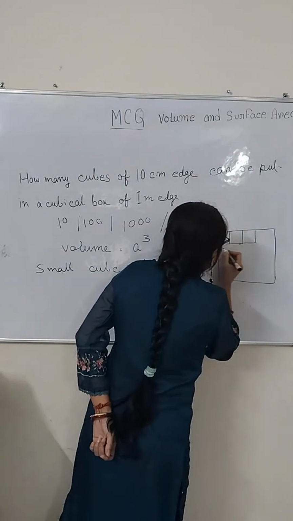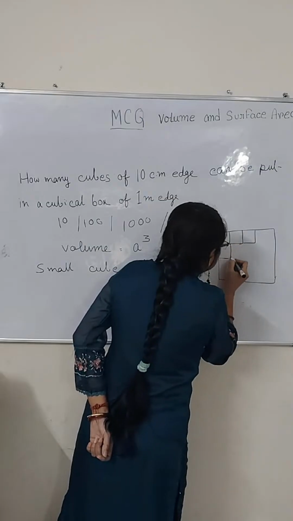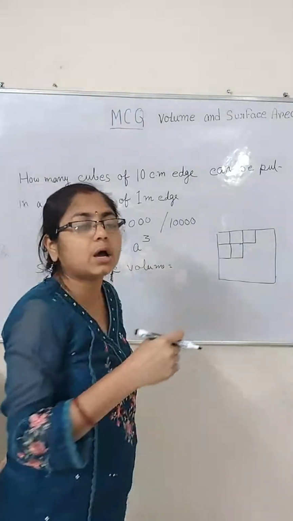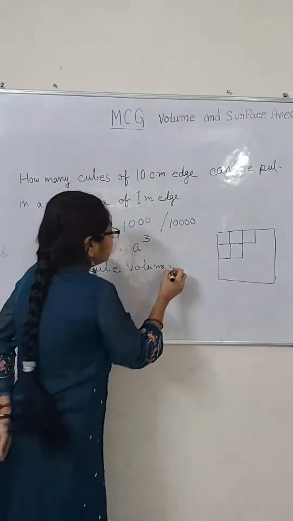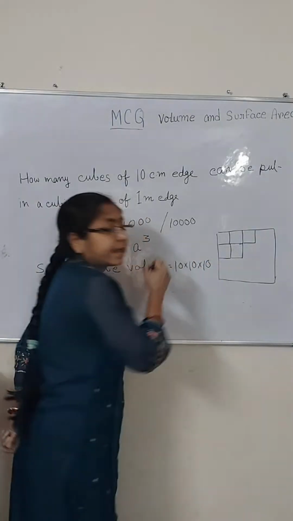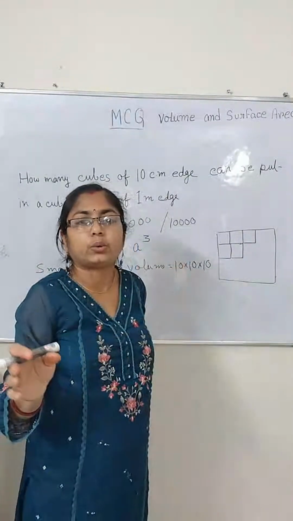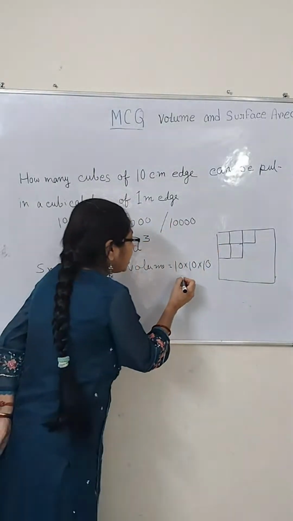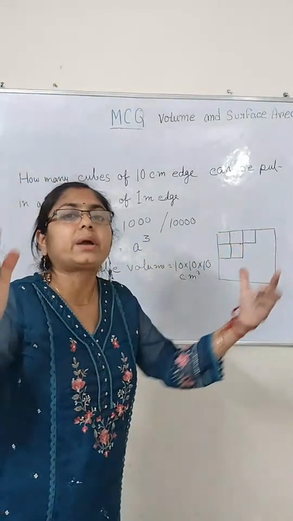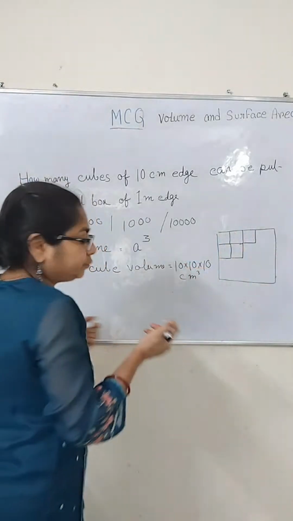Here we put small cubes. How many cubes? So what is the formula of the small cube volume? 10 into 10 into 10. It is an MCQ, so please don't calculate it. You just do it in this way: centimeter cube. And what is the cubical box volume?